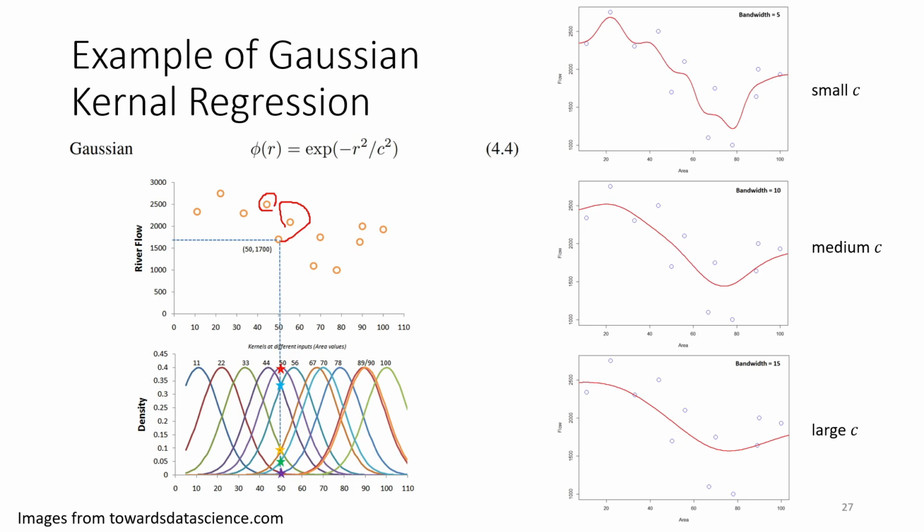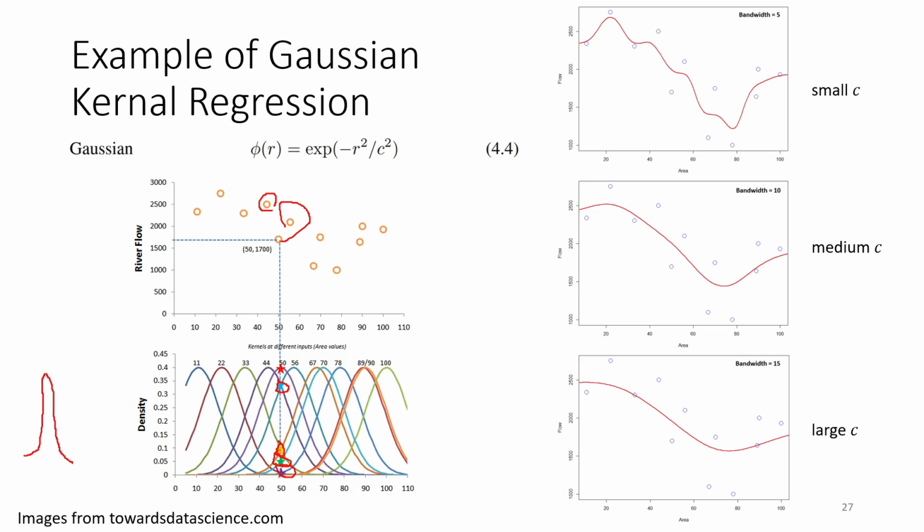There are some stars here, which mean their weight in the equation. So we can calculate their weighted average as a function. For small c, the shape of the Gaussian will be much sharper than this one.